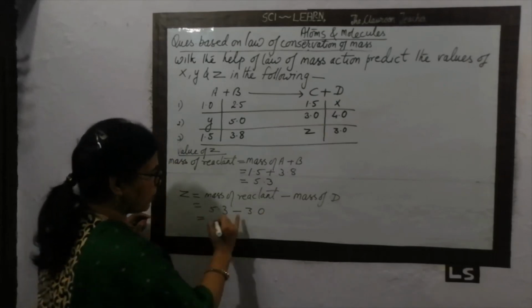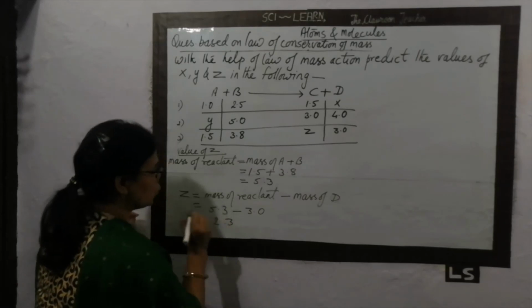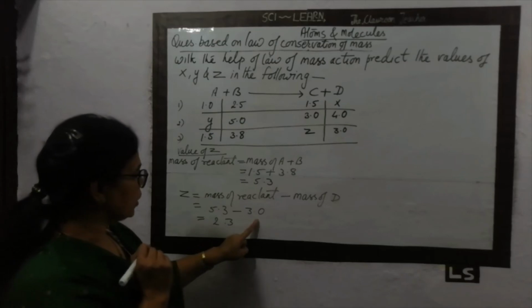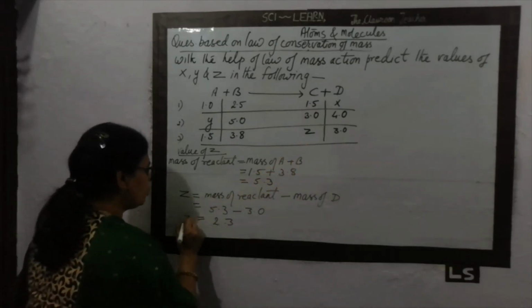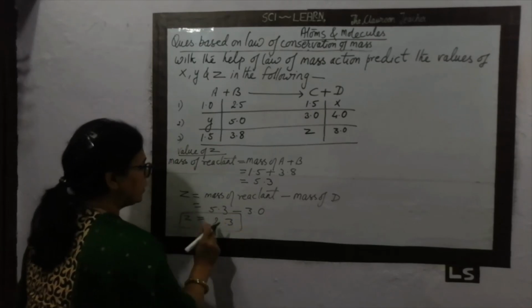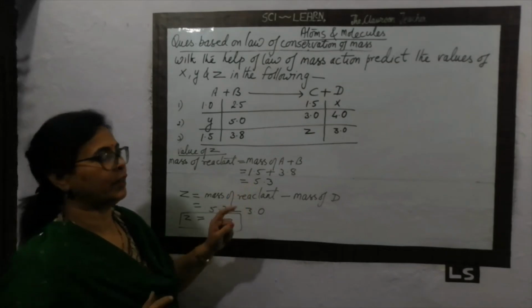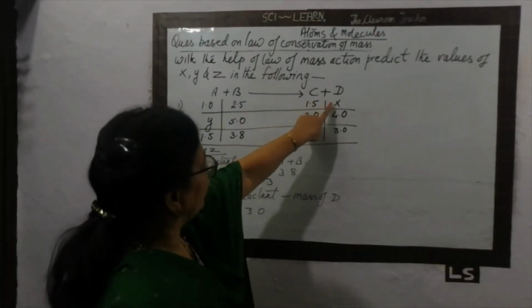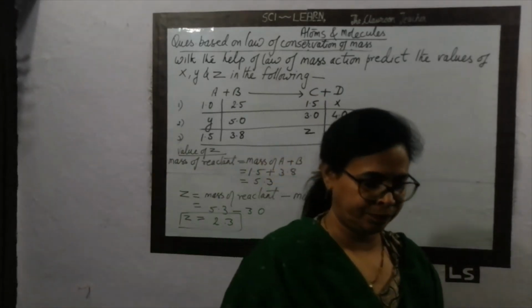It is 2.3. So the value of Z is 2.3. Now if you want to check it, just add these two: 2.3 with 3.0, you get 5.3. It means your calculation is correct. Now you have to find out the values of X and Y on your own.